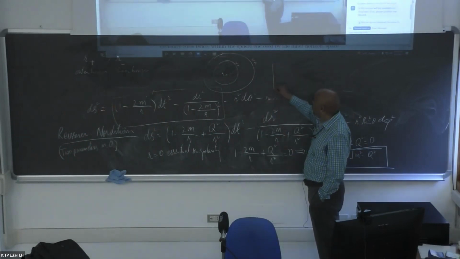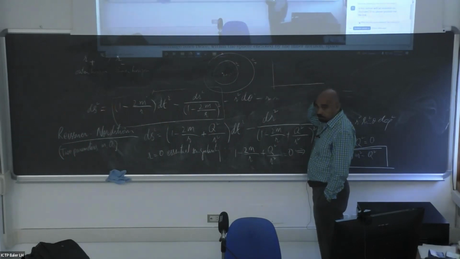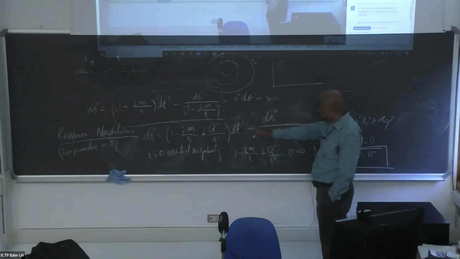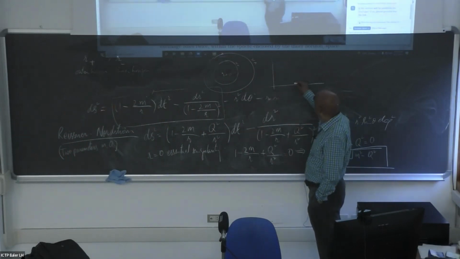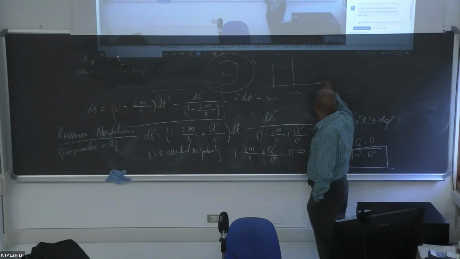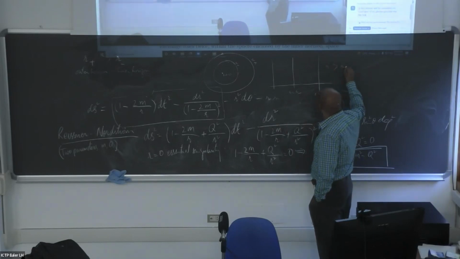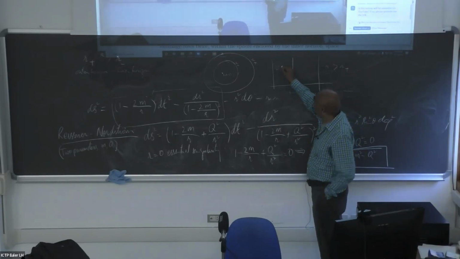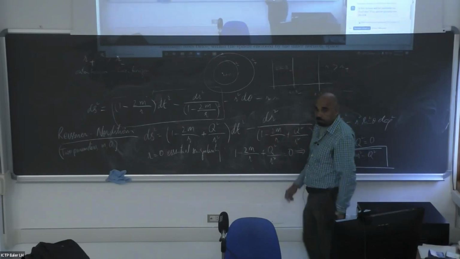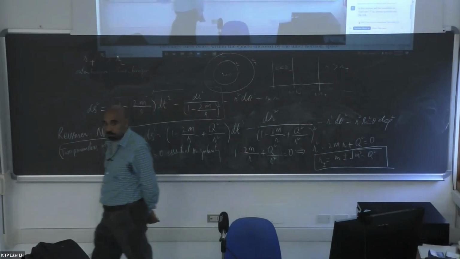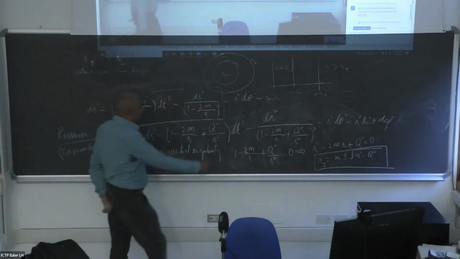And if we draw the t-r sector, when we ignore the other two coordinates and only take the first two terms, there will be a point where r is equal to r minus, and then a region where r is equal to r plus. This is the region where r is greater than r plus, and this is the region where r is less than r minus. And this is r equal to 0.